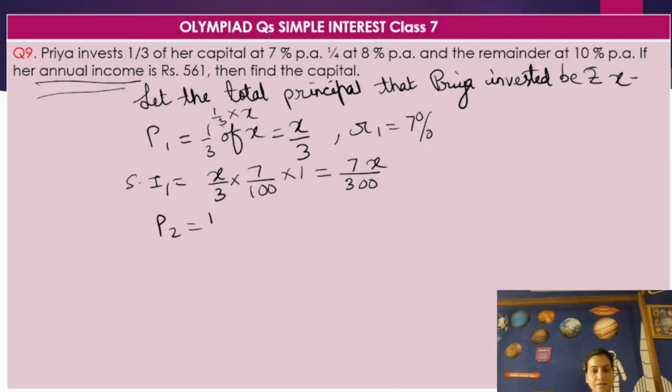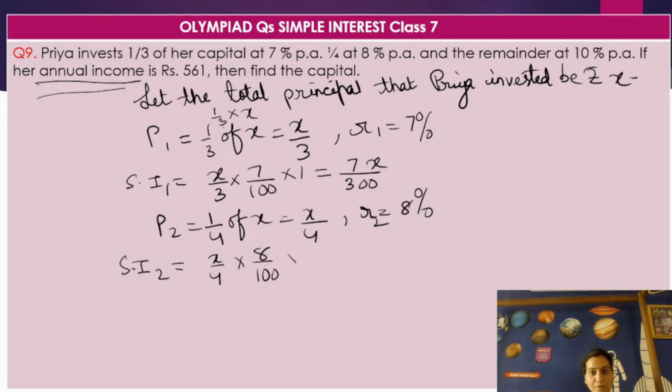Next is 1/4 at 8% per annum. So the second principal is 1/4 of X, similarly X/4, and the rate of interest is 8% per annum. So the simple interest that we calculate is X/4 into 8/100, and the time period is 1.